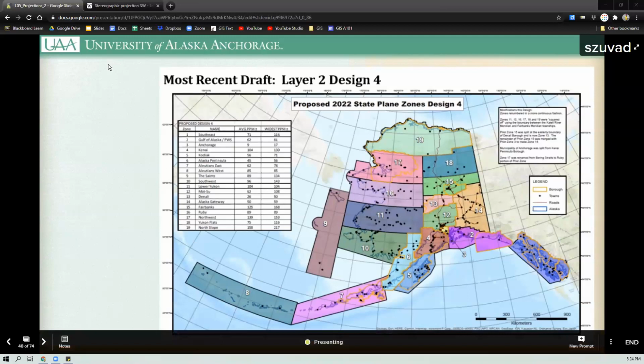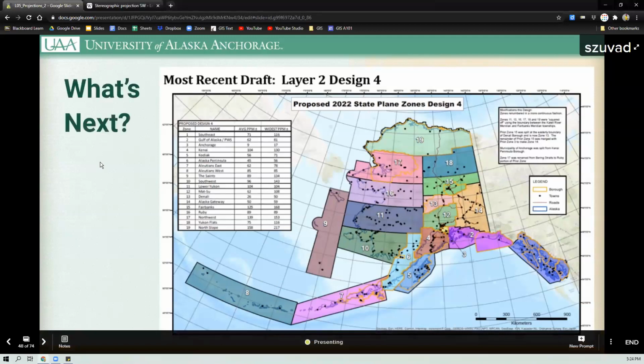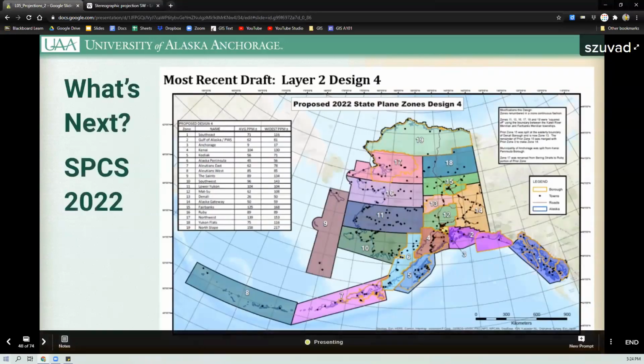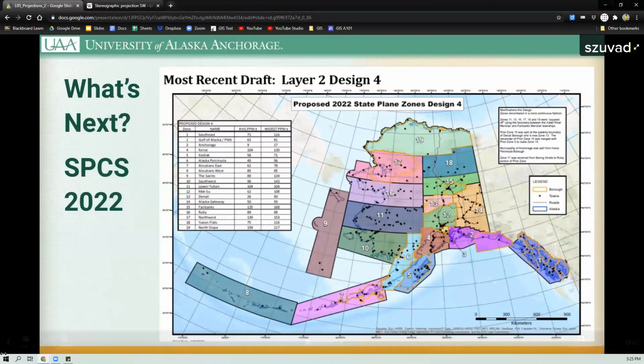I meant to link, actually. I think they're missing right here. I'll make sure they're in the final slides, but there are some good links from NOAA on their information site on Geoid 2022.